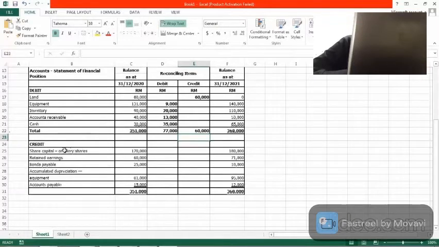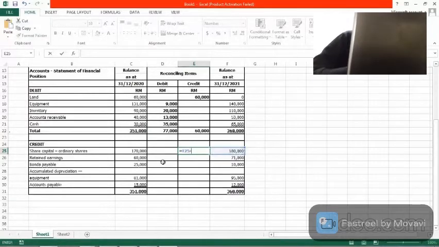And then for the credit side of the statement, we will start with the share capital. There's an increase in share capital, so we put it on the credit side, which is 180,000 minus 170,000. For retained earnings, 71,000 minus 60,000.